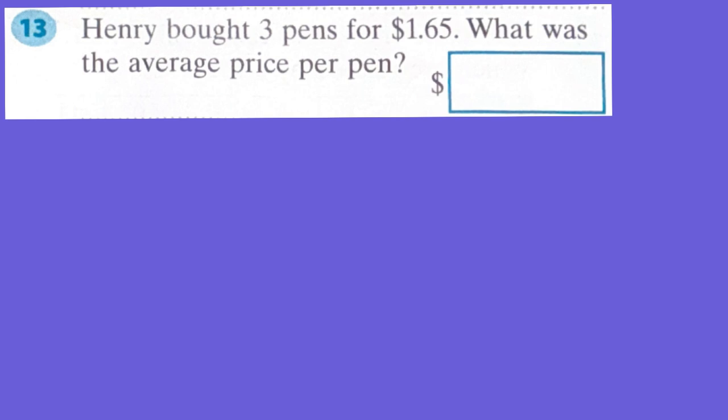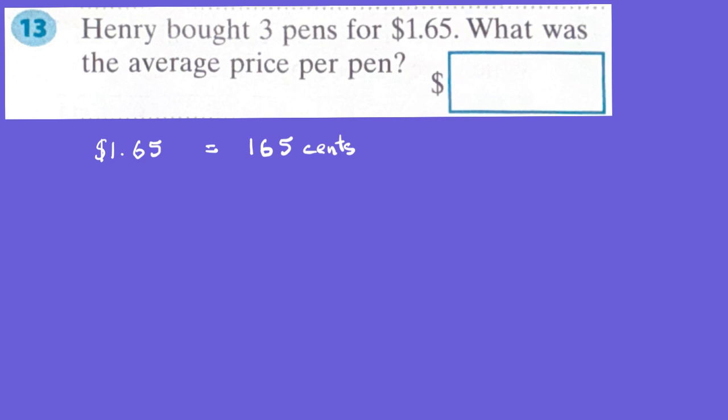The easiest way to start this problem is by changing the fact that $1.65 is the same thing as saying 165 cents. Then we don't have to worry about the dollars and cents. We'll just worry about cents.